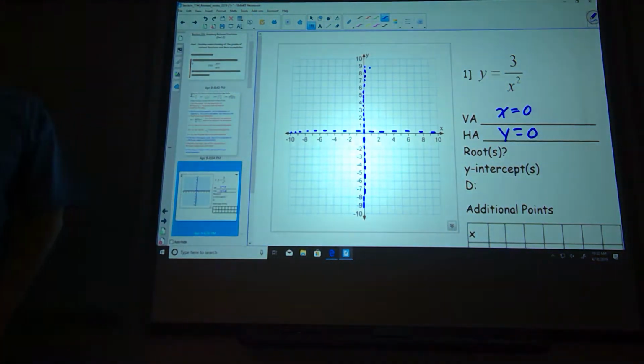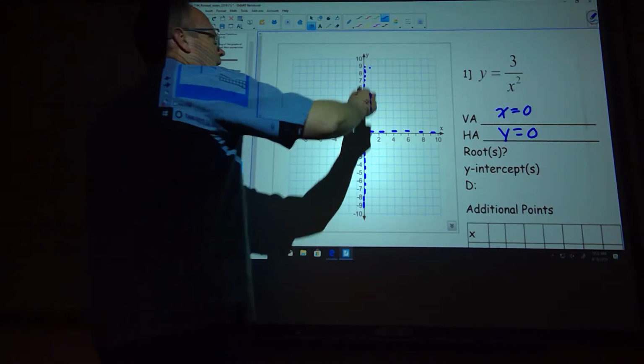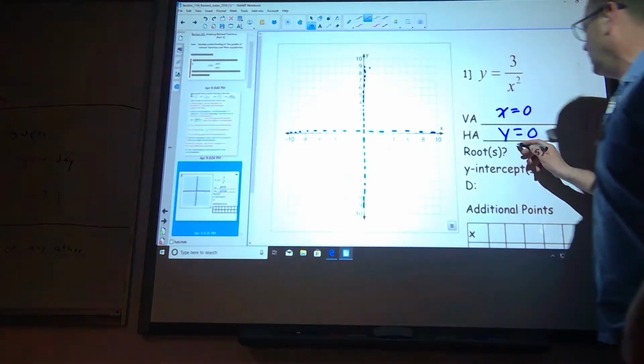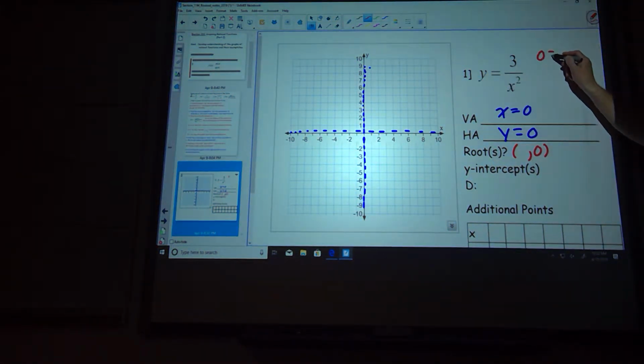In this case, do we have roots? No. And you can look at it and say it should be obvious that I can't have roots, because if I plug 0 in for y, I'm going to get 0 equals 3 over x squared. If I multiply this over here, I get 0 times x squared equals 3.